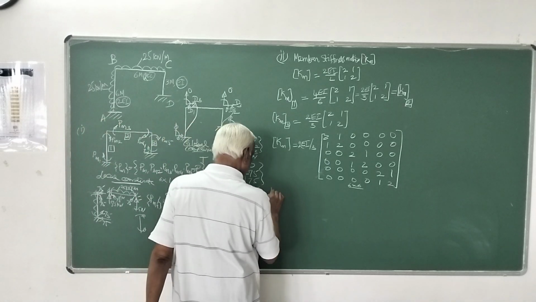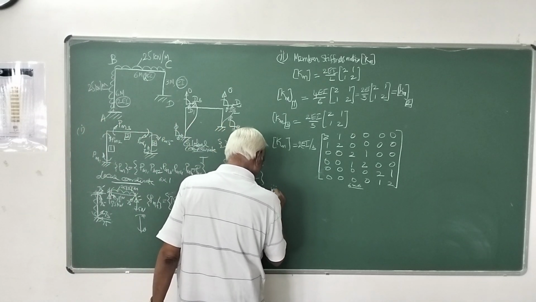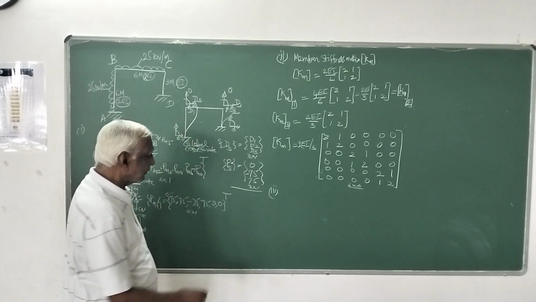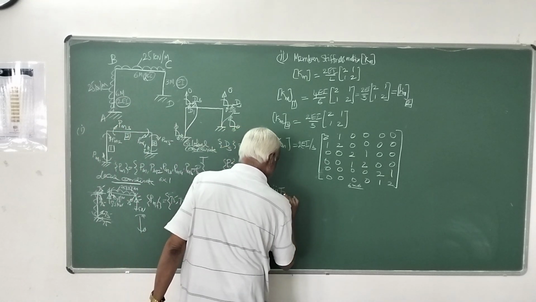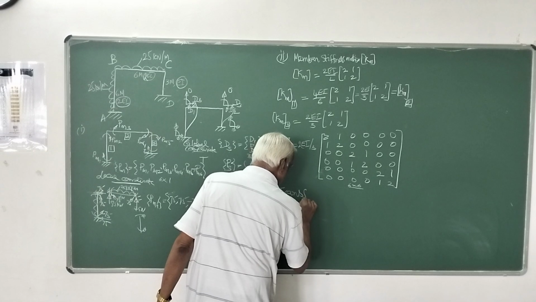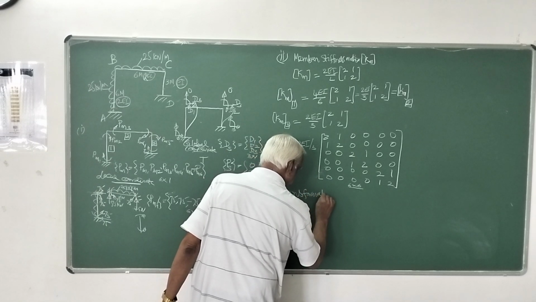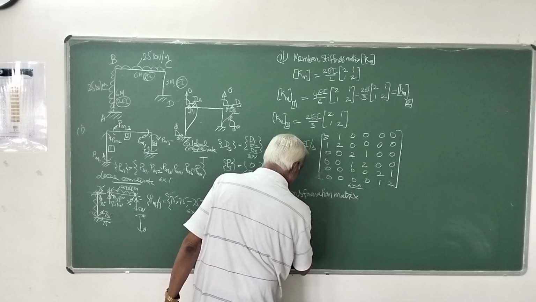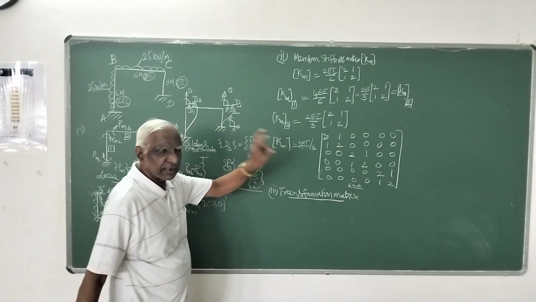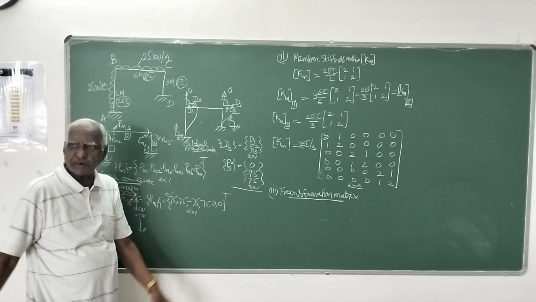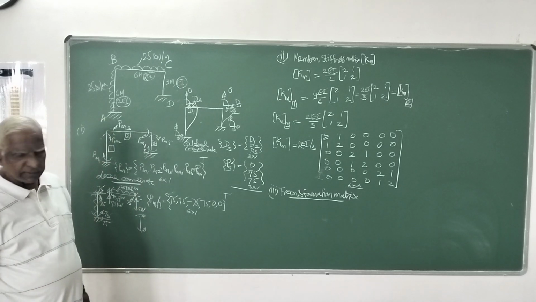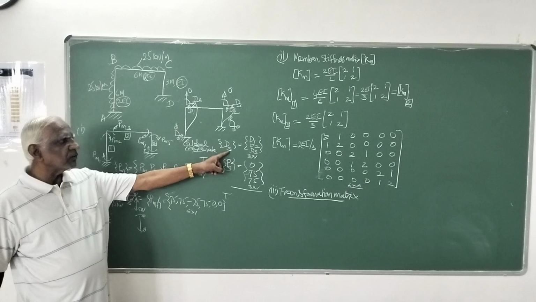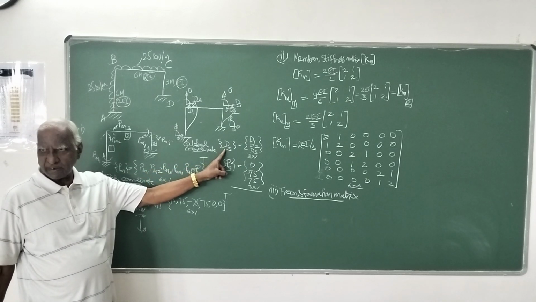So next, third step, you have to find the transformation matrix. Whatever member stiffness matrix you have determined, you have to transfer to the global coordinate system, because you have to determine global displacement.